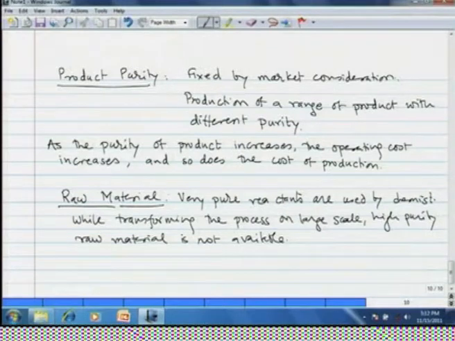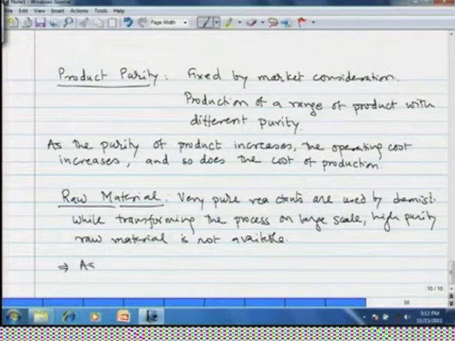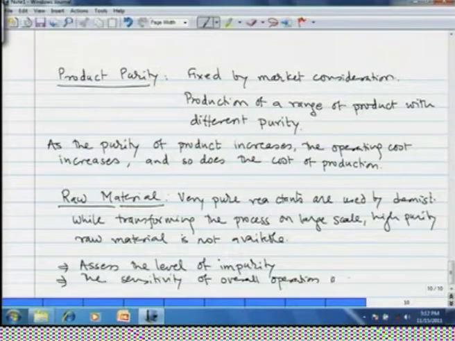Now, in case impure raw material is available, we have to assess the level of impurity. We have to assess the sensitivity of the overall operation of the process, that is the reactor, the catalyst, towards this impurity.